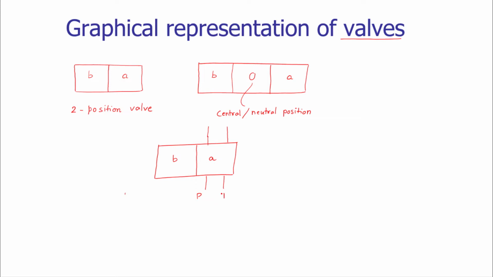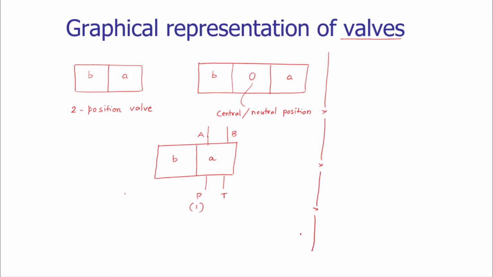The port T is designated the tank port, and it has two application ports, A and B. The vertical lines outside the square represent the ports, and the letters or numbers designated here represent the ports. So P is 1. Now to these positions, the information about the actuation is also to be added.